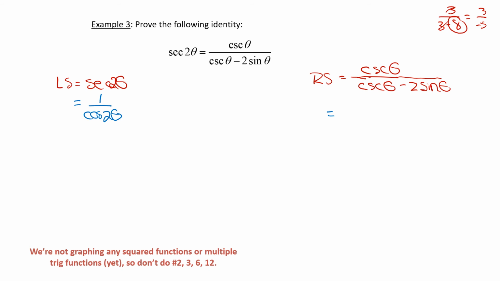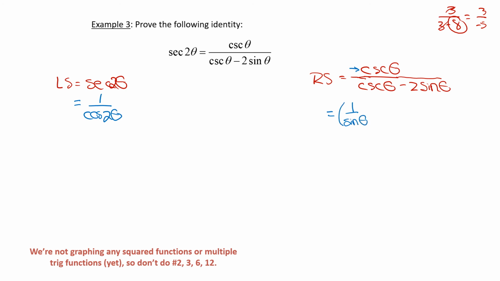This one I can't separate the denominator here, right? I can't break it apart in two because it's not a single denominator, it's a binomial denominator. So it's not like the last one because I've got two terms on the denominator. But what I can do is take this cosecant and write it instead as 1 over sine theta.